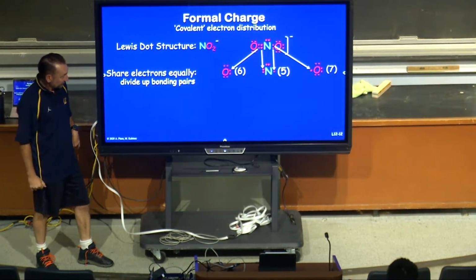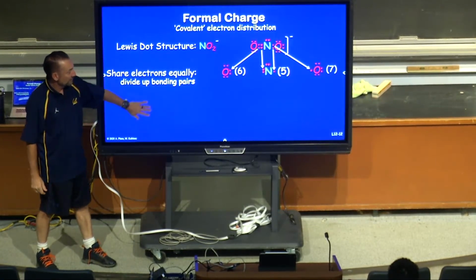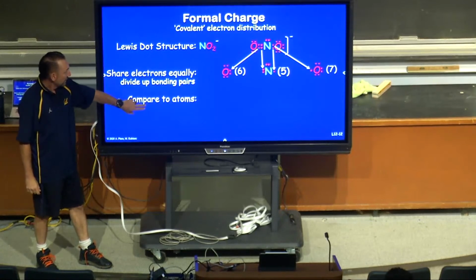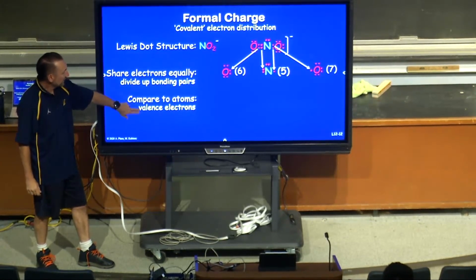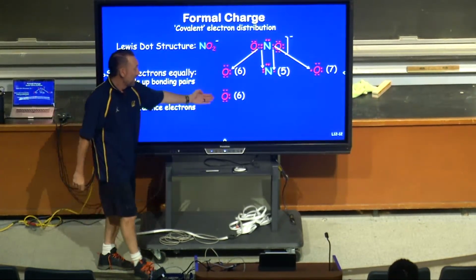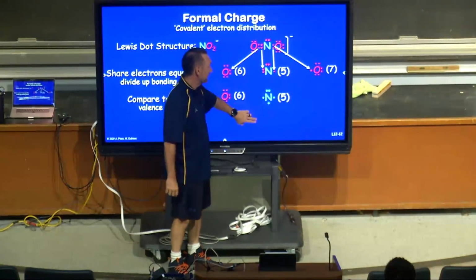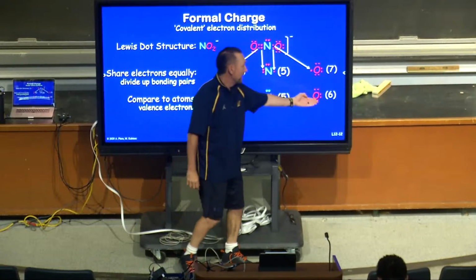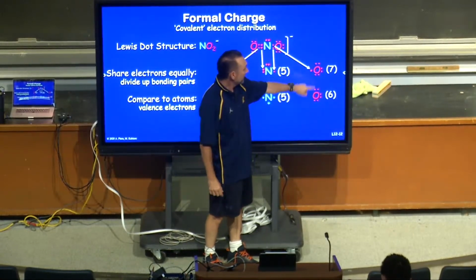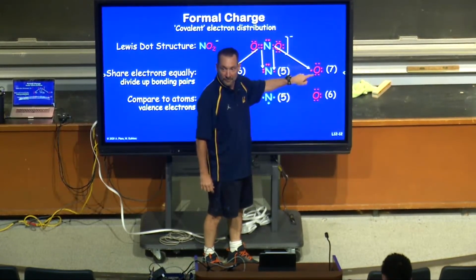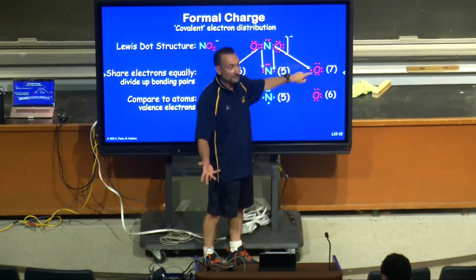There's the distribution of the electrons among the molecules compared to the valence electrons if it were an atom. And oxygen does have 6 valence electrons. Nitrogen does have 5 valence electrons as an atom, and 6. And you notice in this case, due to your accounting here, oxygen has 1 more than it normally would have.